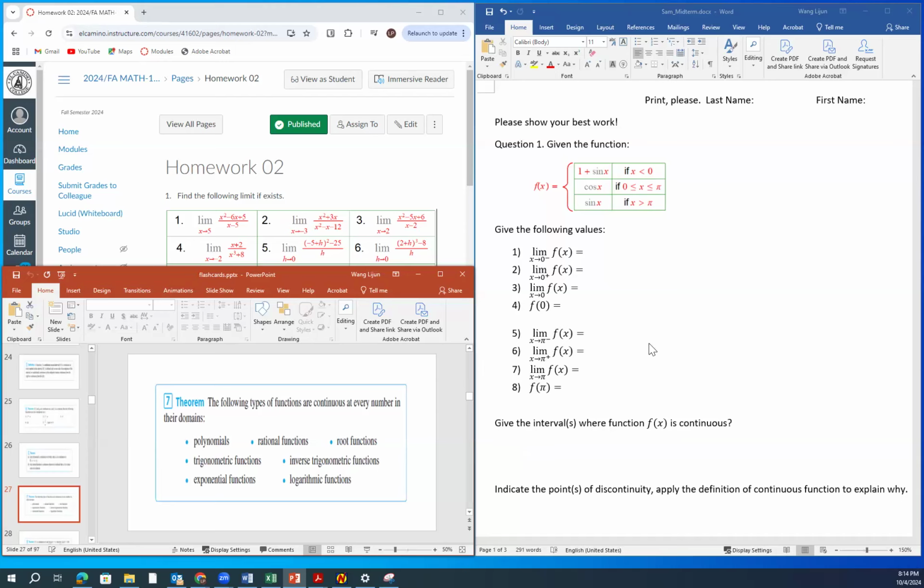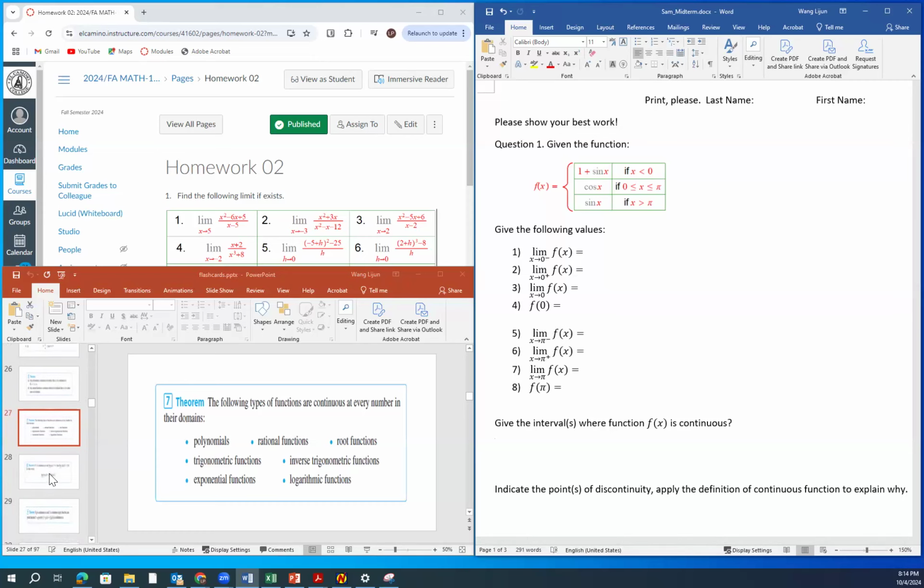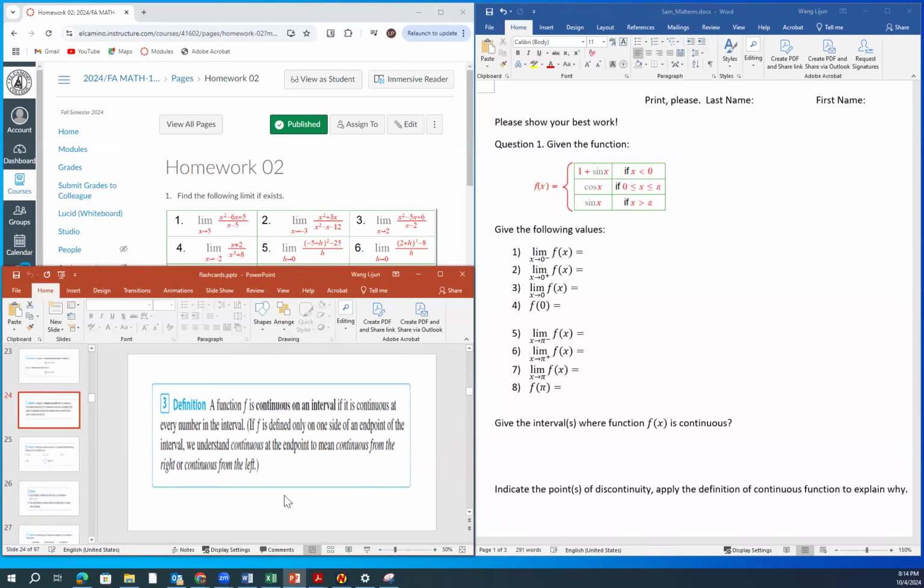And what are the points that may or may not be continuous, right? So you will come up with the interval; it could be open, it could be closed, right? So this other definition will also be used: left continuous, right continuous. You know what I mean, right?